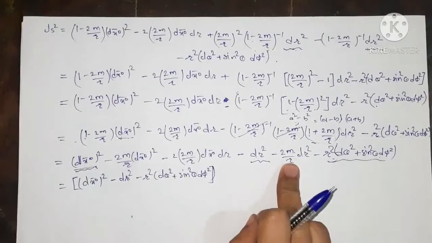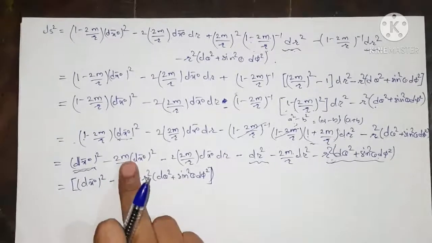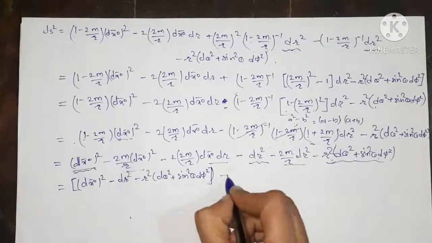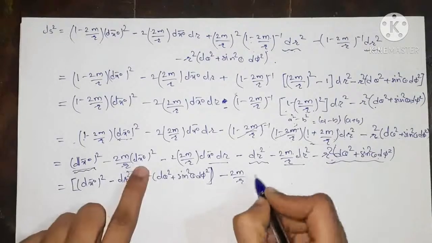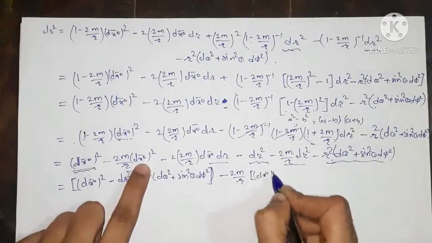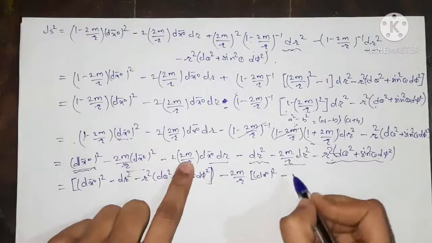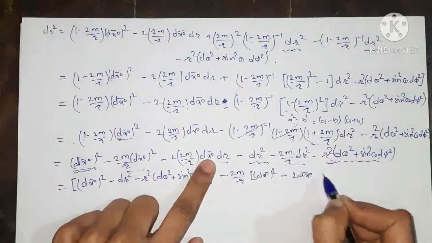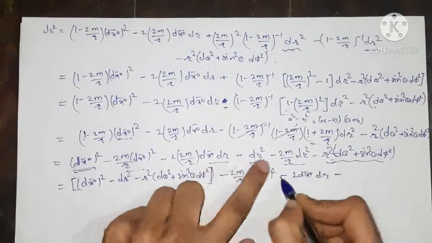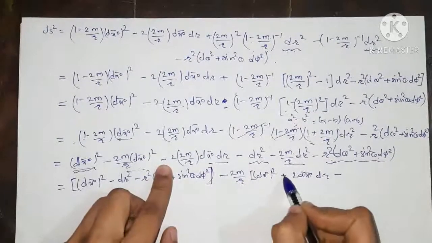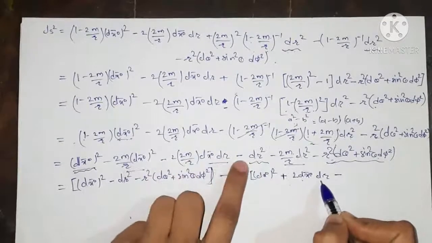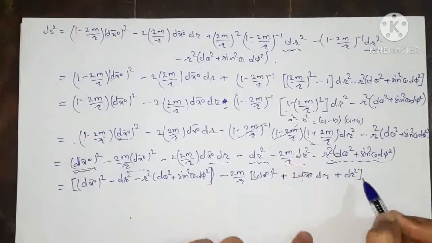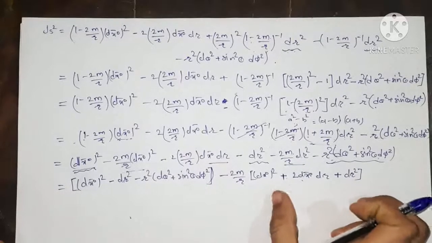Okay, so we can take the common 2m/r from the brackets, from these terms, and we write it as 2m/r common. So here it remains with dx0 bar squared minus, here it remains with 2 dx0 bar into dr. So here a minus sign is taken common, so here it is plus 2 dx0 bar into dr and here it is plus dr squared. Okay, so we have this in the bracket.